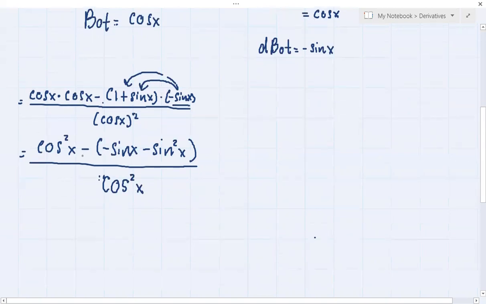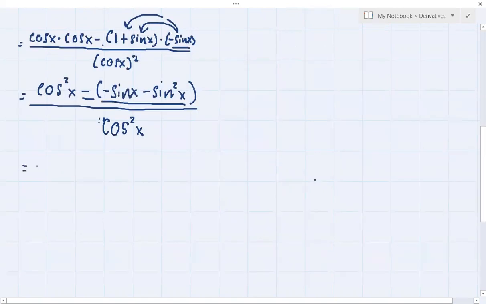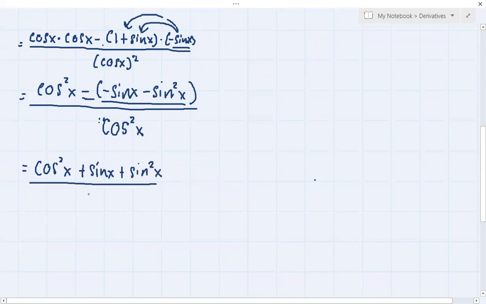Then after that, I'll distribute the negative sign to the parenthesis. So this is what happens: cosine squared x plus sin x plus sin squared x, all over cosine squared x.